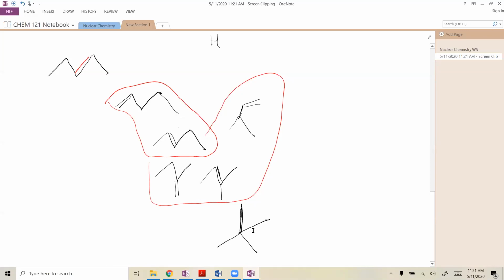So does anyone else see a possible structure for our isomers? Because I have the answer as 5, and I just wanted to make sure that I didn't miss one as I went through.